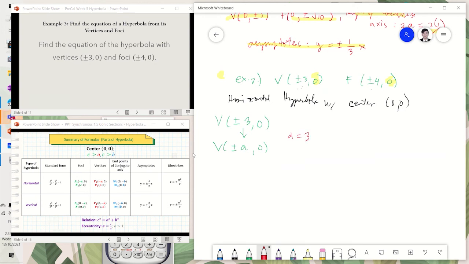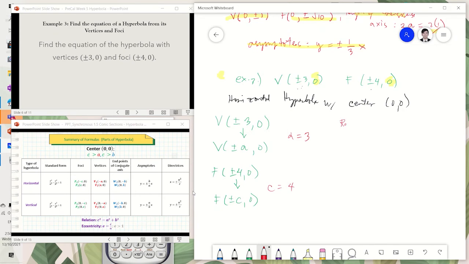Then next for the foci, the foci is positive or negative 4, and based on our summary of formulas, that would just be positive or negative C. So therefore, we can conclude that C is equal to 4. We still need to find the B.